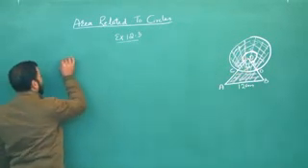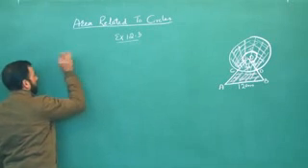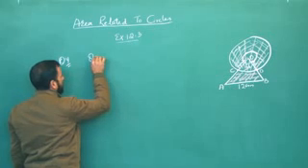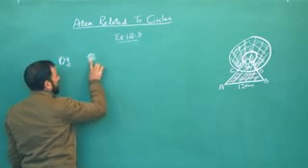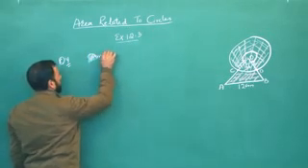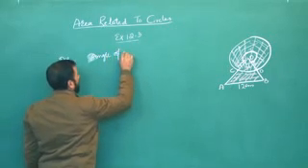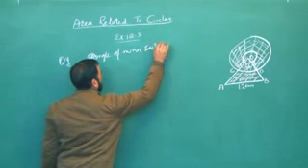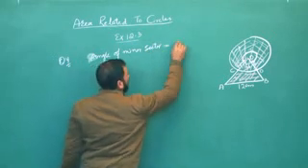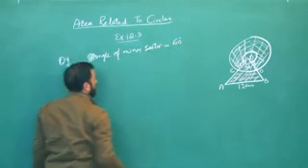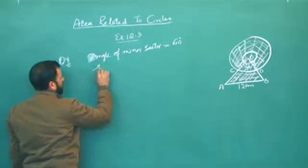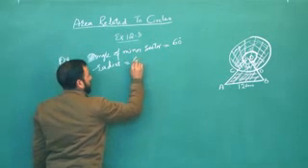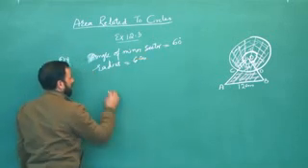So question number 4. Theta, the angle of the minor sector, is equal to 60 degrees. Radius is equal to 6 centimeter.